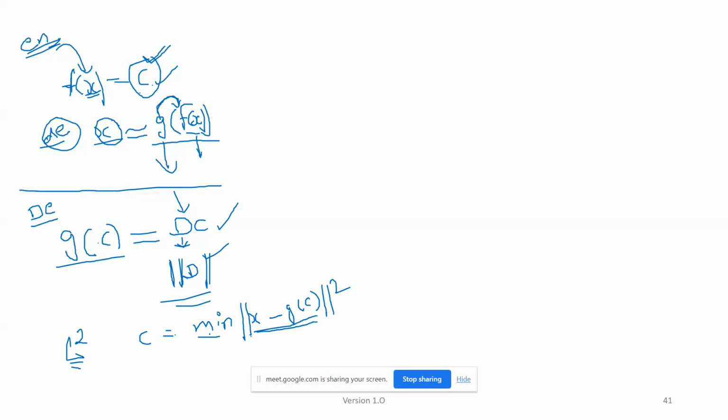This minimum is in terms of the argument, so you need to call this arg min, in terms of the optimal code C. Out of all the available orthogonal column values, it considers the argument value.